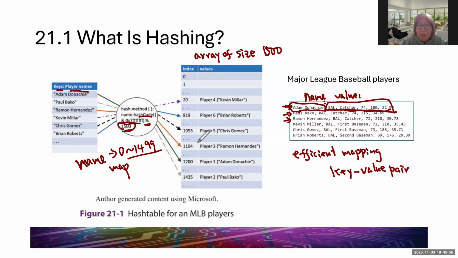The value is this whole record, so we can define a class, in this case a player, and then store each player in the respective array slot.